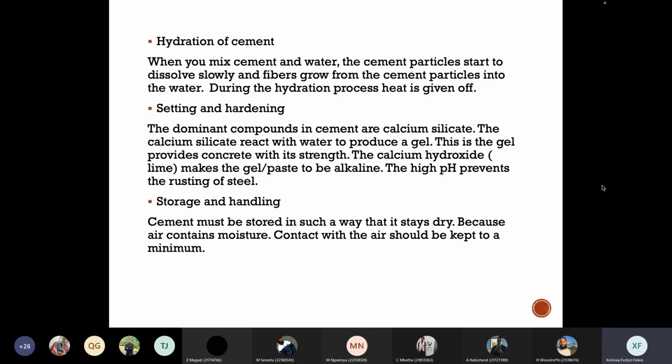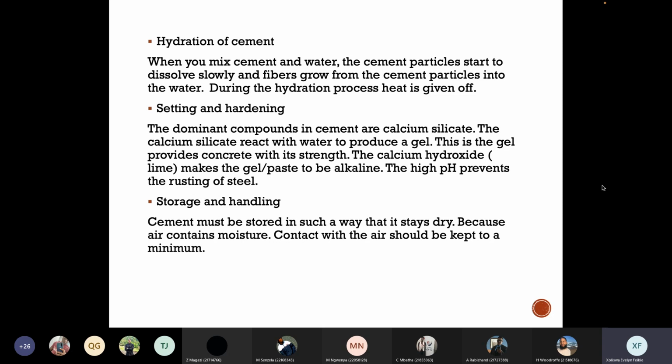But if you're asking yourself, if water is one of the ingredients used to make concrete, why then does it not make the reinforcement rust from the beginning? What happens is that the cement will react with the water.